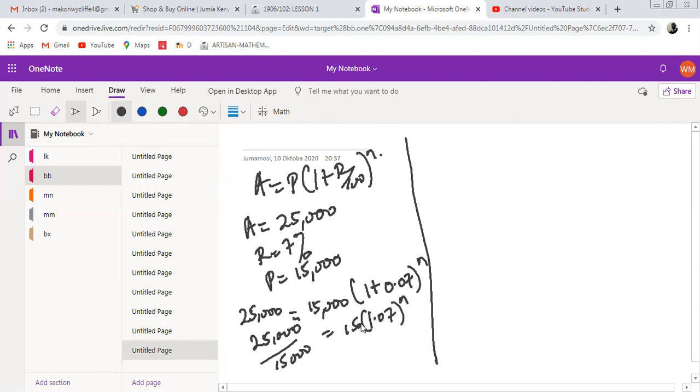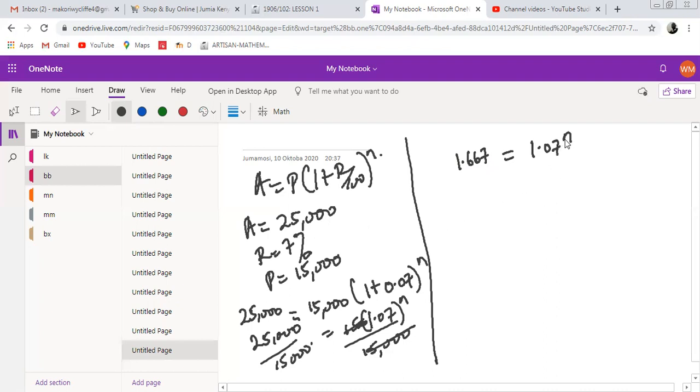We divide by 15,000 because 15,000 is dividing both sides. So this 15,000 and this 15,000 cancel, and on this side we are going to remain with 1.07 power n, whereas on this side we are going to have 25,000 divided by 15,000, which is giving us 1.667.